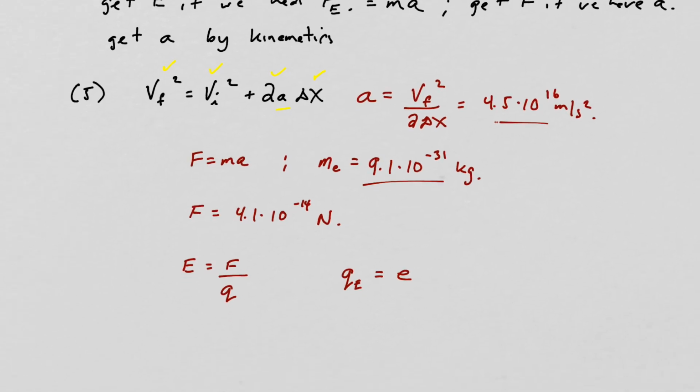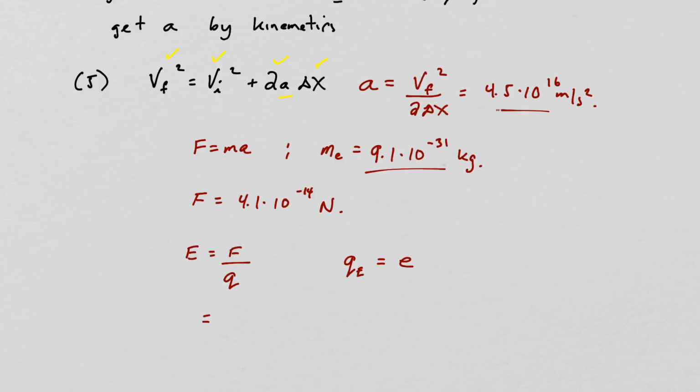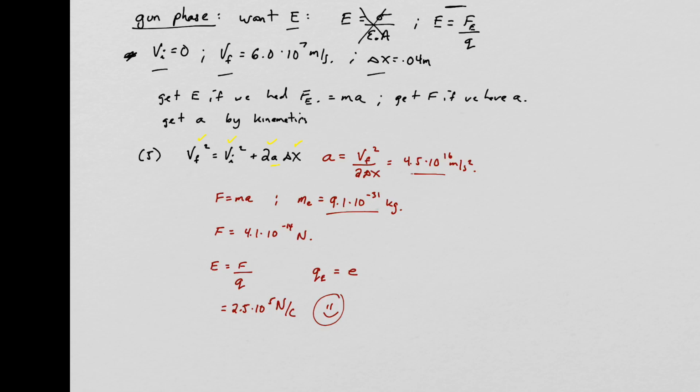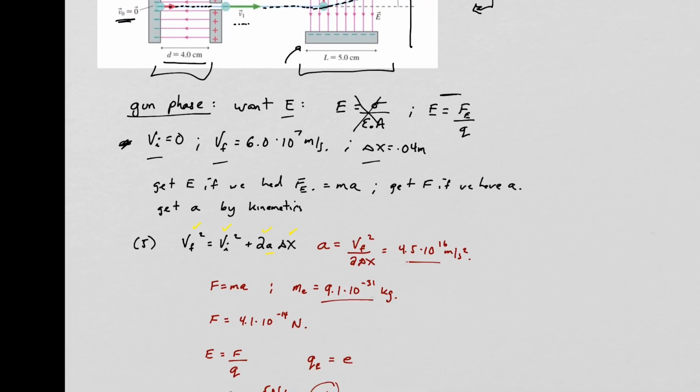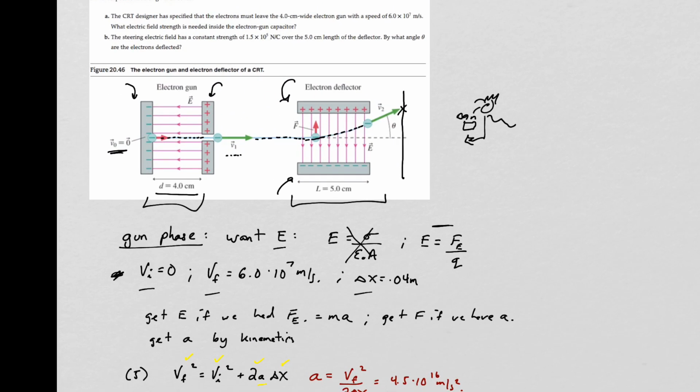And so when we plug this in, we see that the electric field is going to be 2.5 times 10 to the 5th newtons per coulomb. And we have it. Again, we wanted something new, electric field, and it required us to go all the way back to what we had in the first semester in order to solve this.